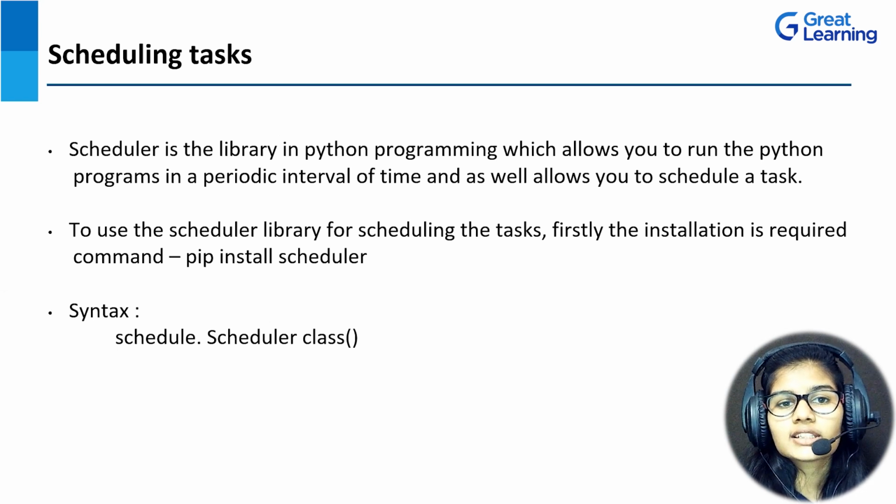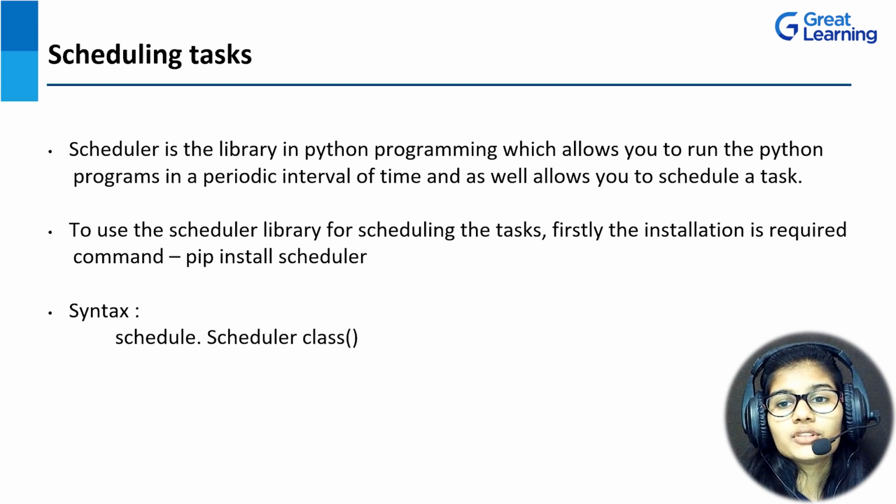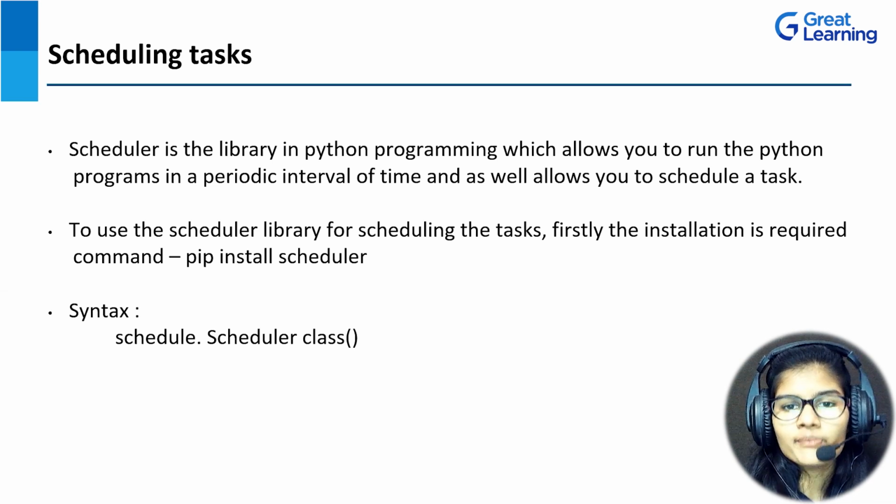It also allows you to schedule a task at some respective time. First, it allows you to run Python programs at an interval of time, and second, it allows you to schedule your tasks as well. This is the use of the scheduler library in Python.